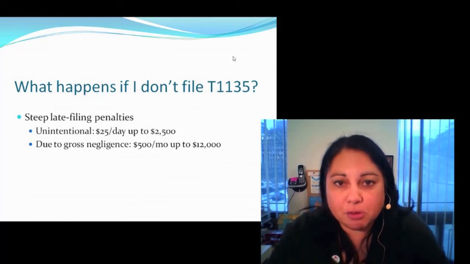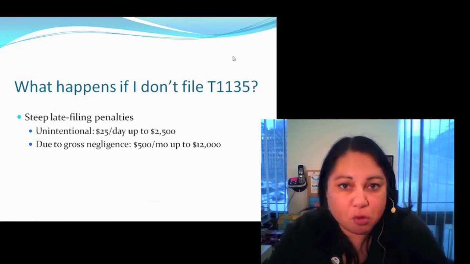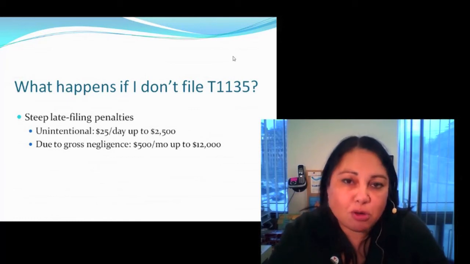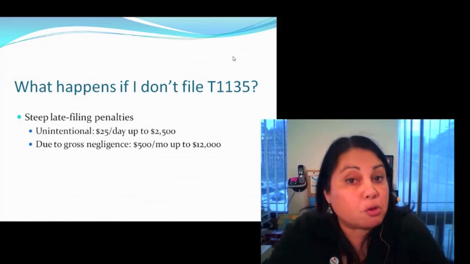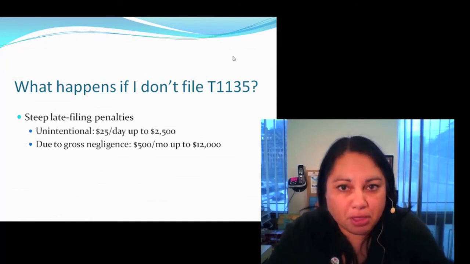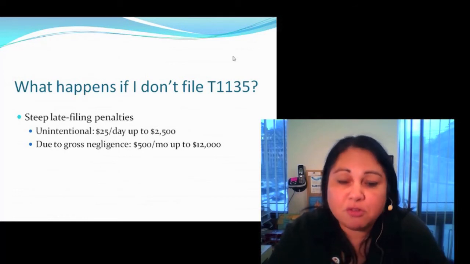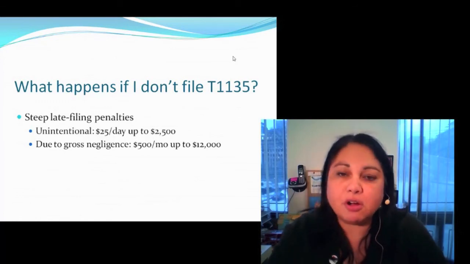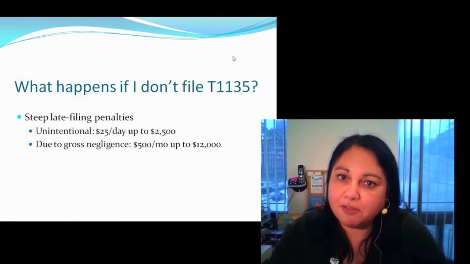If the Canada Revenue Agency discovers that you did not file this form or didn't file it on time due to gross negligence, or sometimes that's just a kind way of saying that you didn't do it even though you knew you had to, the penalty jumps to $500 per month for a maximum of 24 months, so that totals a $12,000 penalty if they catch you 2 years later. So there's no tax implications of filing the return, but there are penalty implications of not filing it.